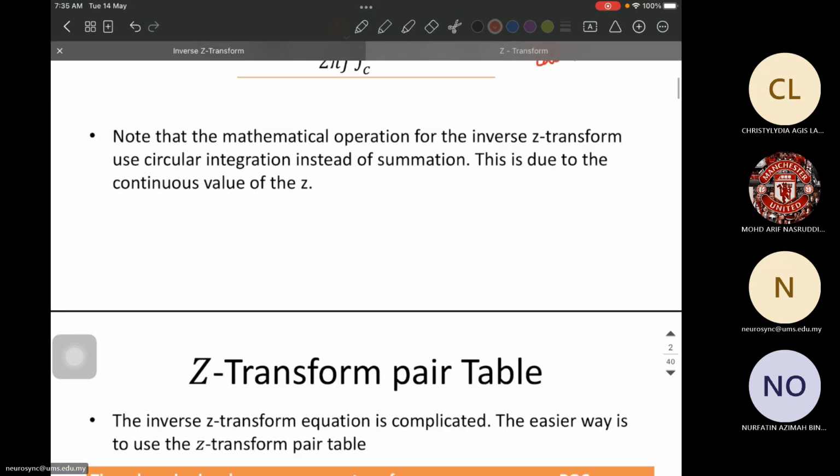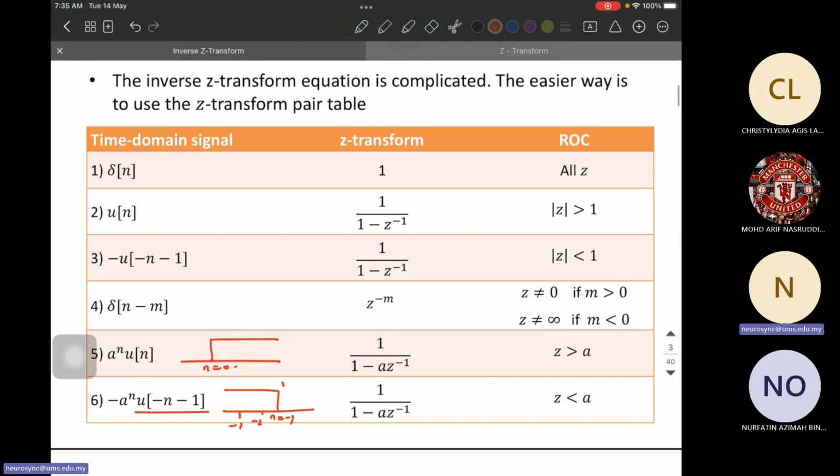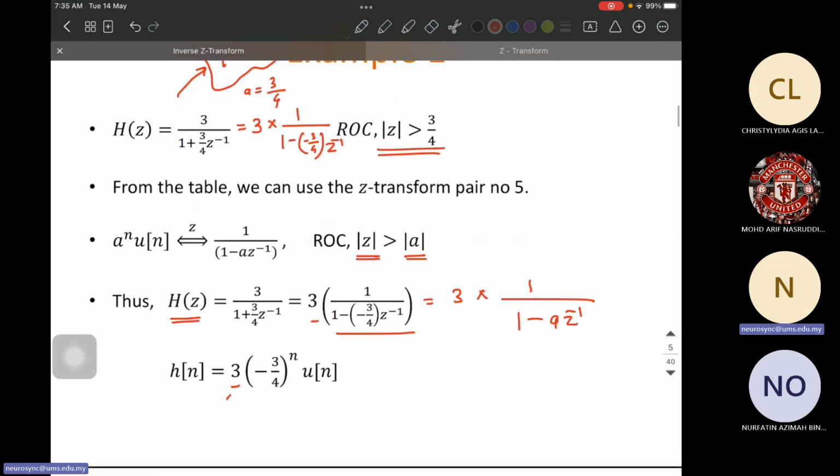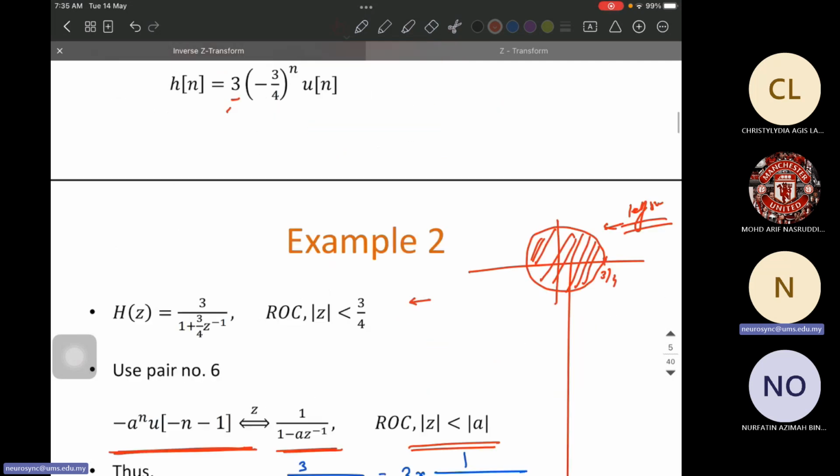Now we know that there are some standard signals, and for each of them this is the Z transform and this is the region of convergence. So we can compare the given H of z in the example with the standard Z transform. If it is applicable with some adjustment, then we can directly apply that formula.